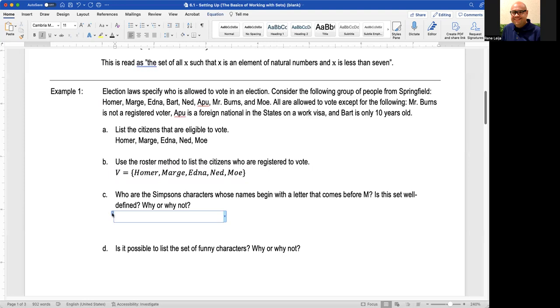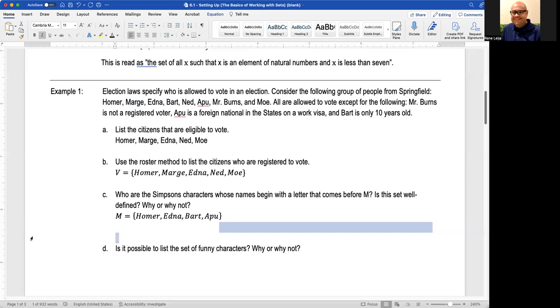Now, this part says, who are the Simpson characters whose names begin with a letter that comes before M? Is this set well defined? Why or why not? Well, the characters whose names begin with a letter that comes before M are only Homer, Edna, Bart, and Apu.